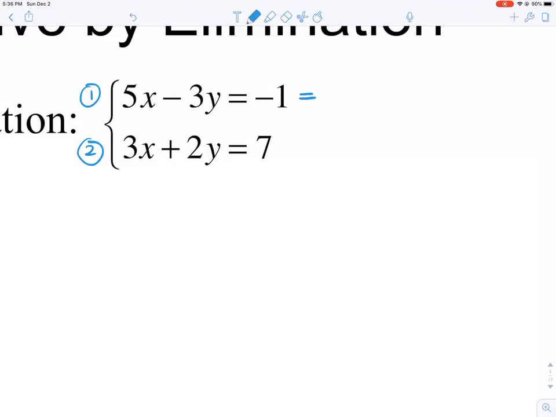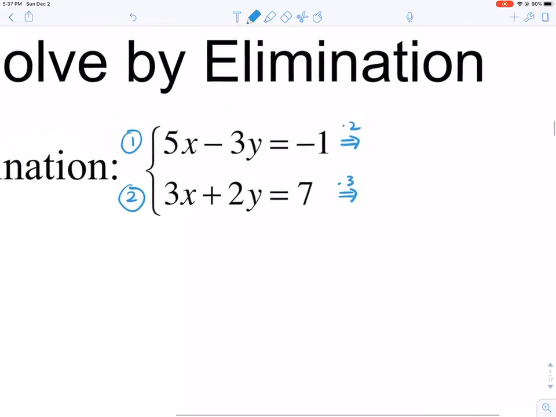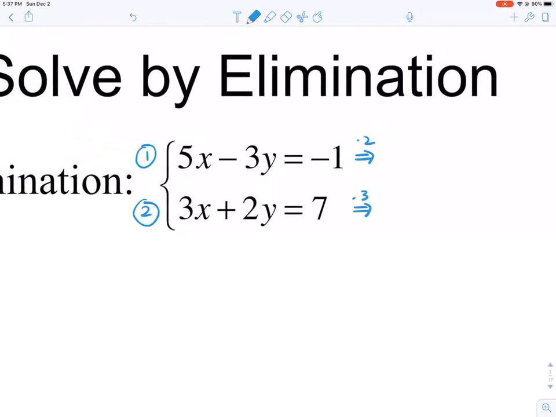So I'm going to choose to multiply the first equation by 2 and the second equation by 3. This is not your only option. The least common multiple of 5 and 3 would be 15, so you could also multiply the first equation by 3 and the second equation by -5 to make them opposites of each other. It's up to you.